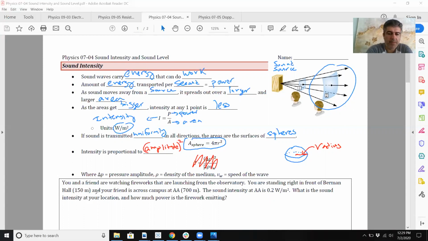So intensity, again, is power over area. So our intensity, of course, is 0.2.